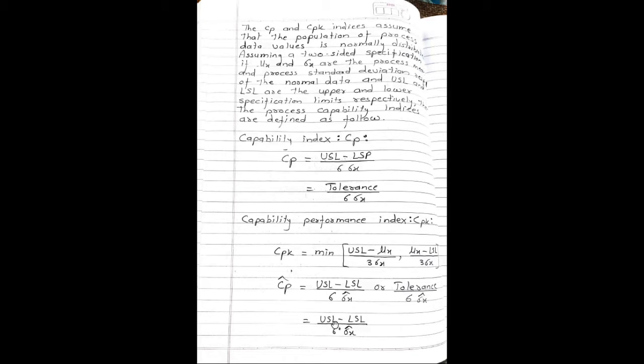CPK cap is equal to minimum of (upper specification limit minus mu x cap) divided by 3 sigma x cap, comma, (mu x cap minus lower specification limit) divided by 3 sigma x cap, which is nothing but minimum of (upper specification limit minus x bar) divided by 3 into standard deviation, comma, (x bar minus lower specification limit) divided by 3 into standard deviation.